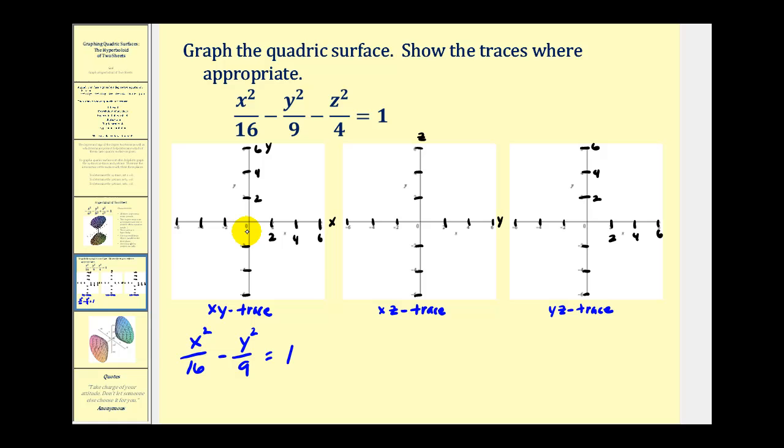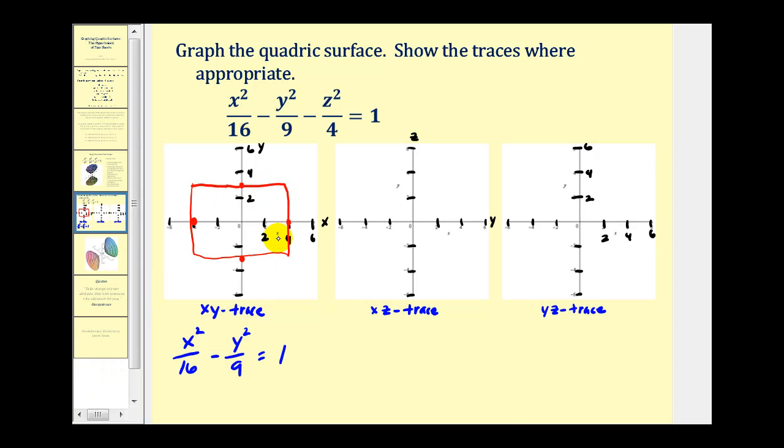So we're going to plot 2 points, one 4 units to the right and one 4 units to the left. Since b squared is equal to 9, b is equal to 3, we'll plot a point 3 units up and 3 units down. These 4 points allow us to construct a rectangle that will aid us in graphing the hyperbola.